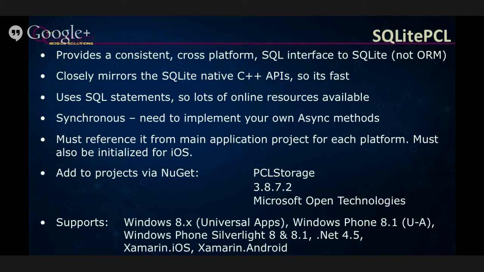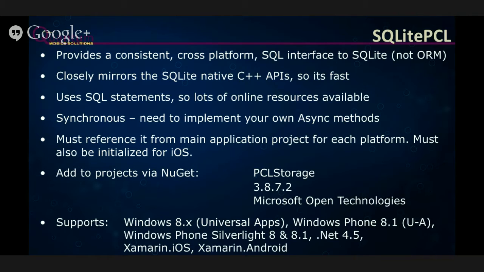If you don't, you will get build errors or occasionally runtime errors. So you add it to your project via NuGet. It's called PCL storage. Oh, sorry, that's not called PCL storage. That's a different one. Sorry, it's called SQLite PCL. There you go, bug in my slides. The current version, and that version is wrong now, was 3.8.7.2. It's now actually 3.8.8.3.